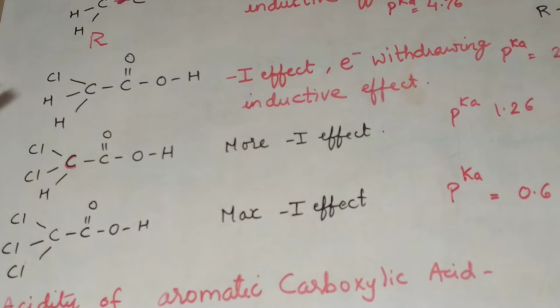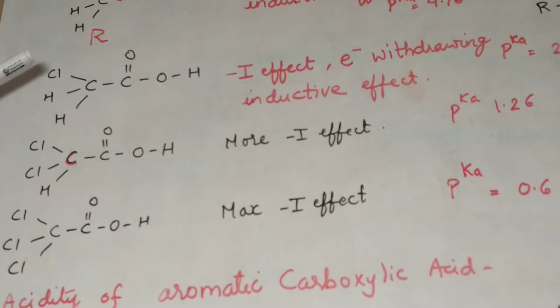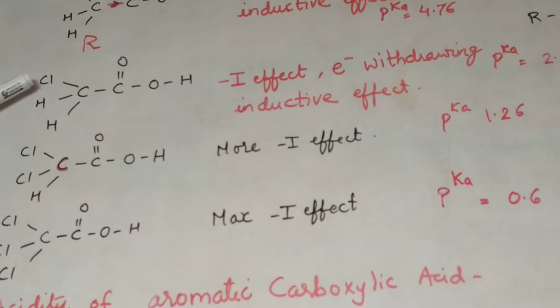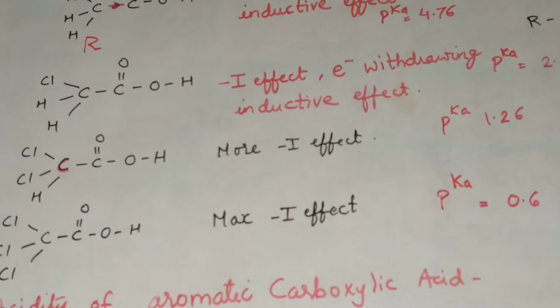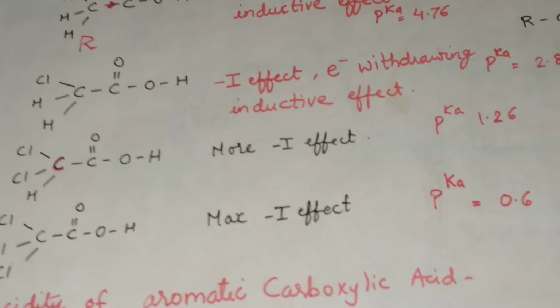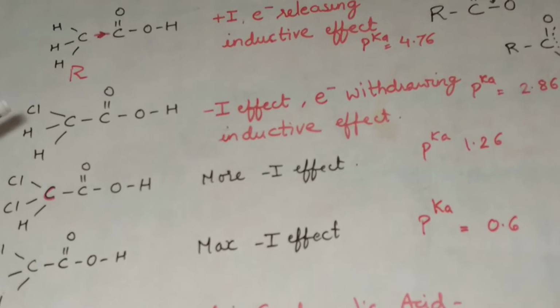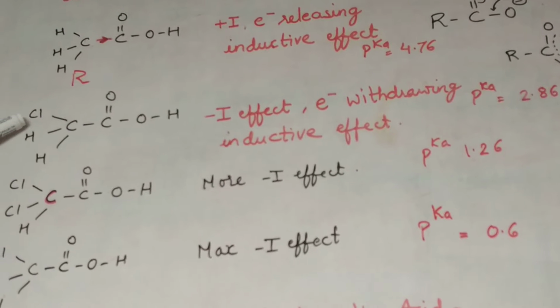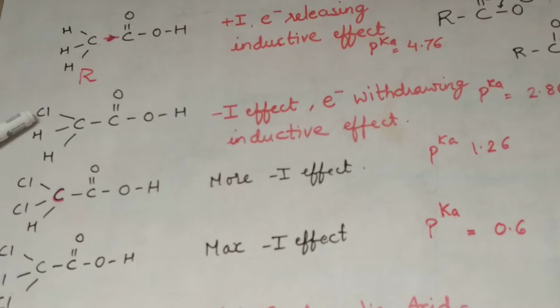Come to the second type of carboxylic acid, in which we have replaced one hydrogen of the CH3 group by chlorine. So instead of H, it is chlorine. So this is monochloroacetic acid. What is the effect of Cl that is present here? Cl has got electron withdrawing effect.